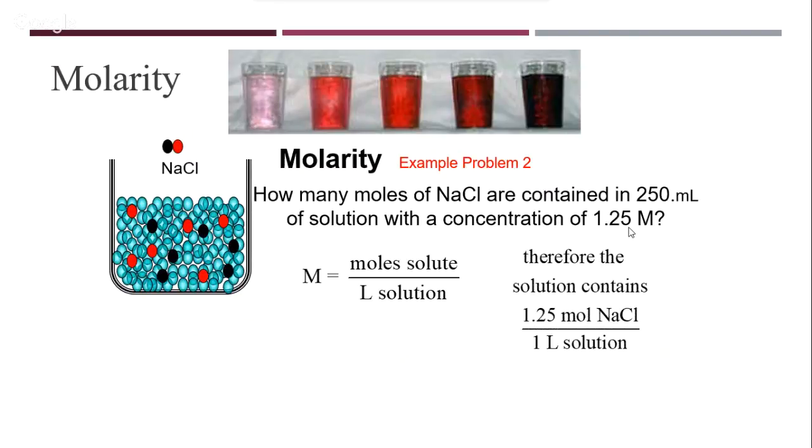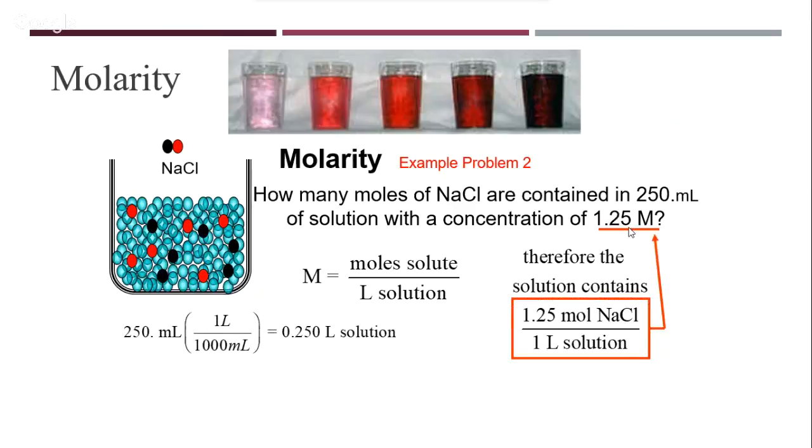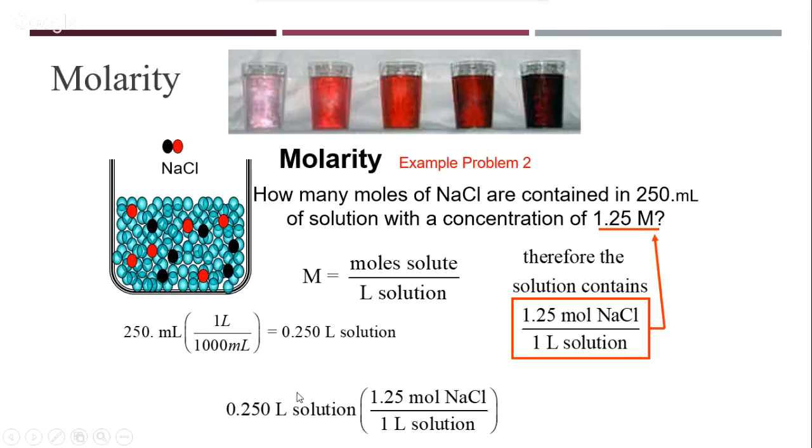Therefore, if it is 1.25 moles of NaCl in 1 liter, then in 250 ml, which is 0.25 liters of solution, I simply multiply 0.25 into 1.25, and the liter cancels out. I end up getting 0.313 moles of NaCl present in 250 ml of solution. So you can again look back at this.